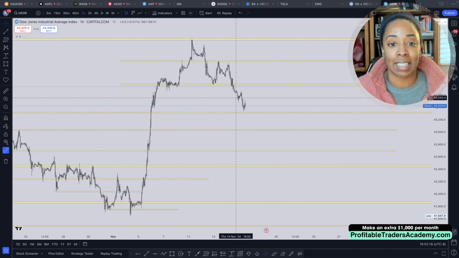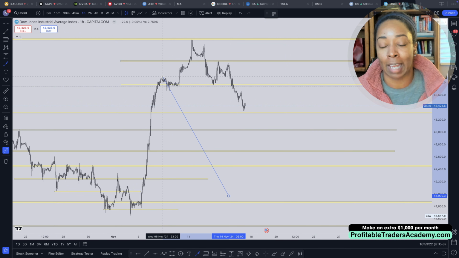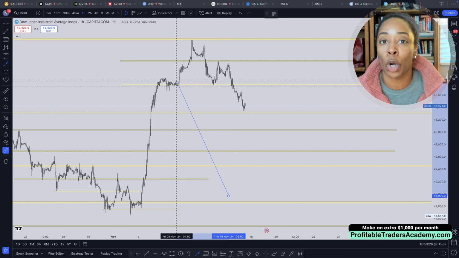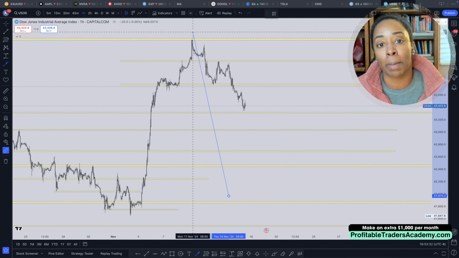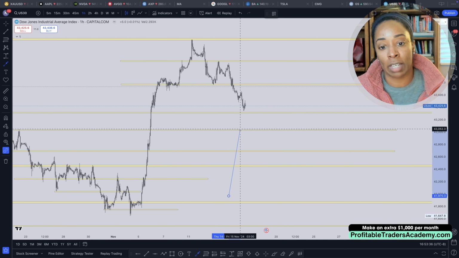Some of the things that I see inside of the market: we obviously had this really big push up, and I made a ton of money in this big push up, and I hope that you did too. Price consolidated and then pushed up again before retracing and then retracing even more.